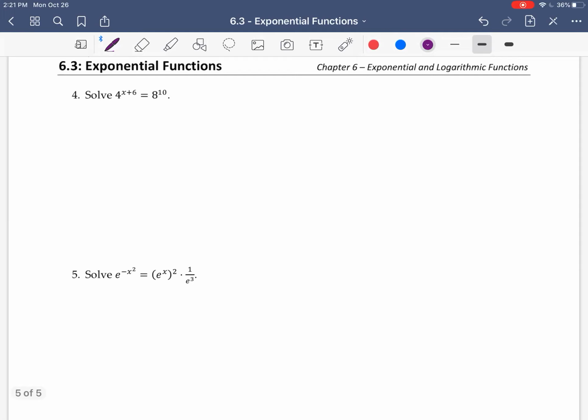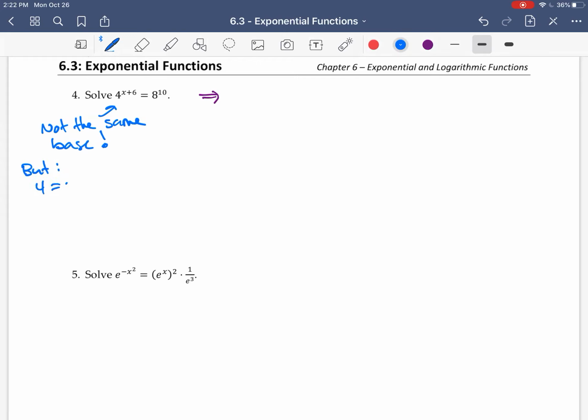Now, for example 4 here, I don't have the same base. Okay, so I don't have the same base, so I cannot just say the exponents have to be equal. But I can turn these into the same base.